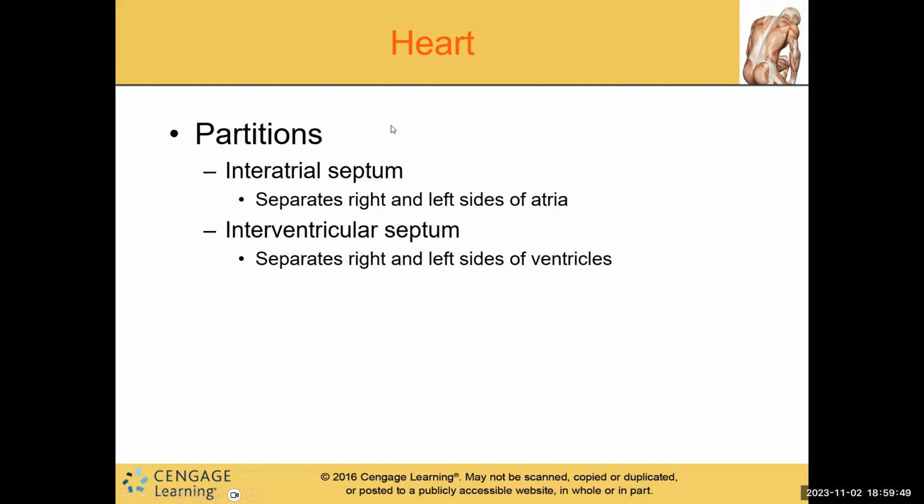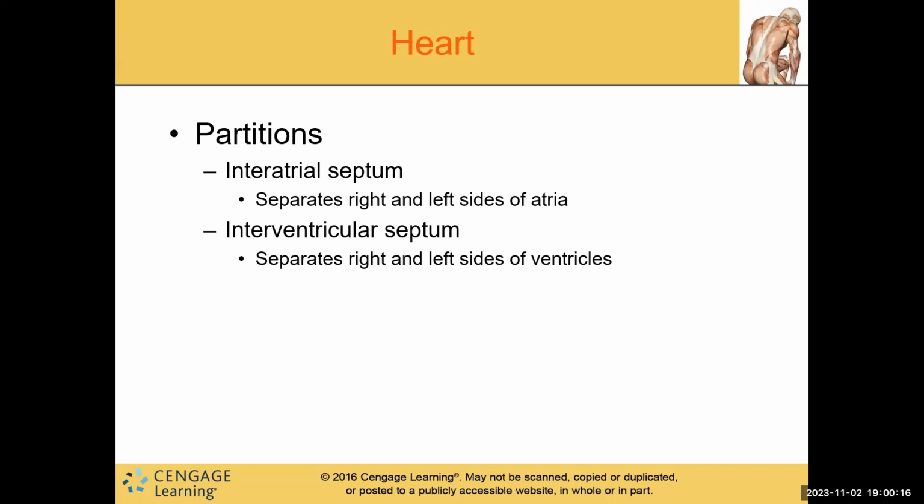The partitions, so the heart is four different areas. There are two partitions. The partition that separates the left and the right atria at the top is the interatrial septum. A septum is a tissue partition.